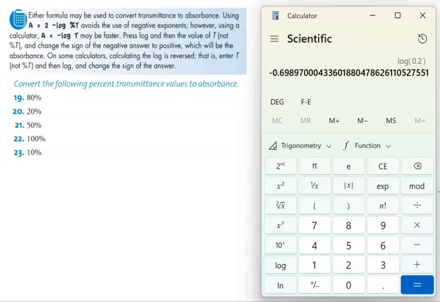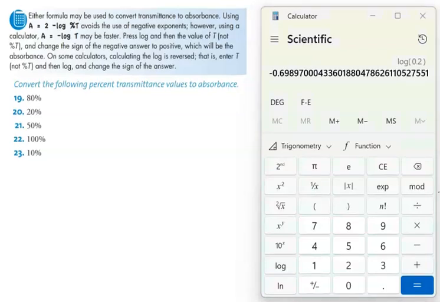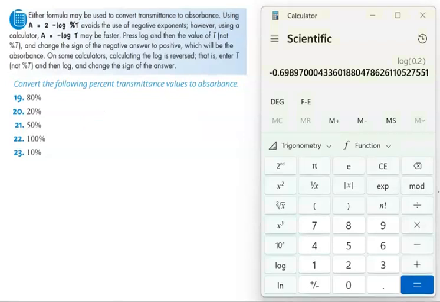If you round that off for number 20, you end up with negative 0.699, and we need to change our sign. So our answer is 0.699, and that's going to be our absorbance.